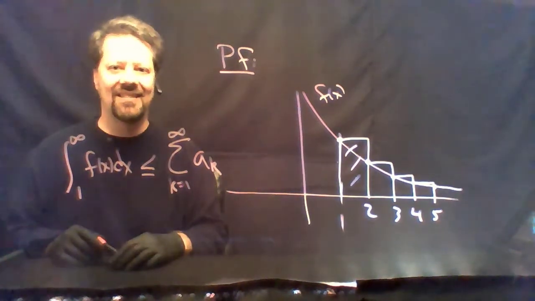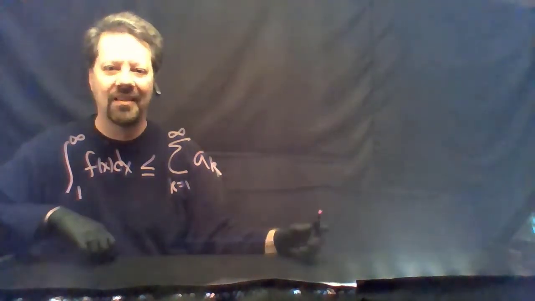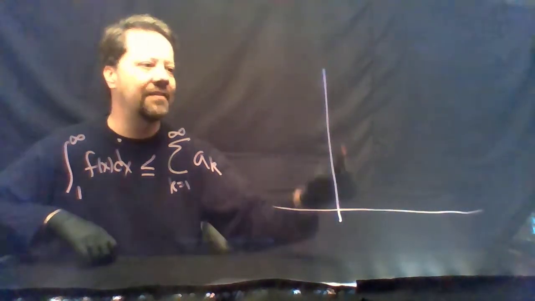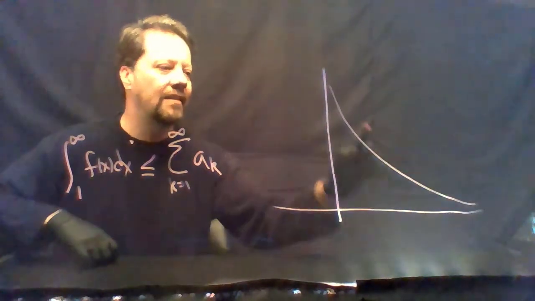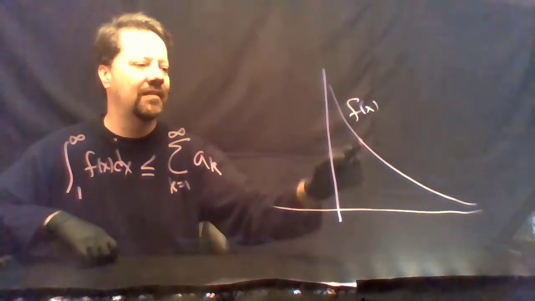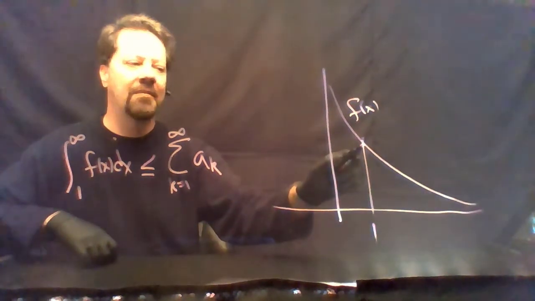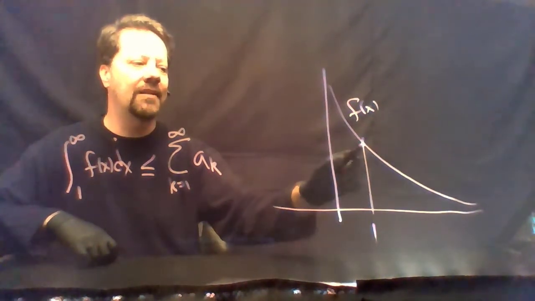But wait, there's more. If only we had drawn the rectangles a little differently. Again, here's f of x. From 1 to infinity we have this undergraph, but instead of drawing the rectangles to the right, let's draw them to the left.